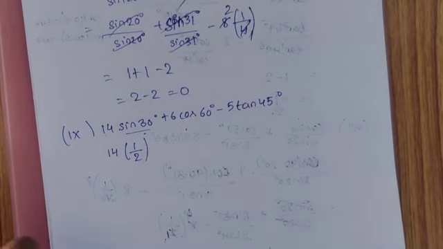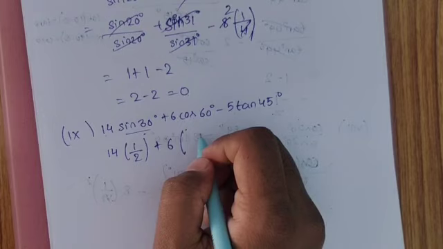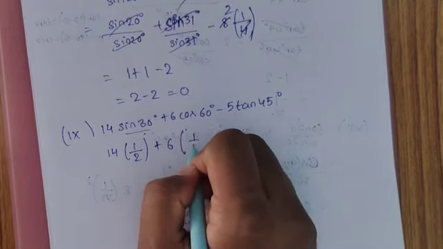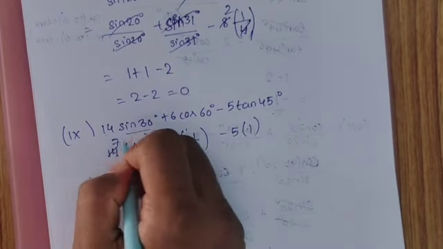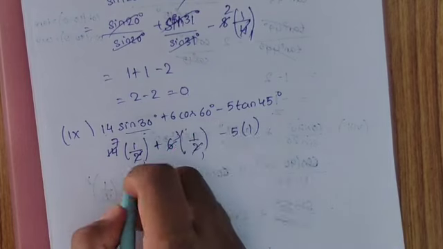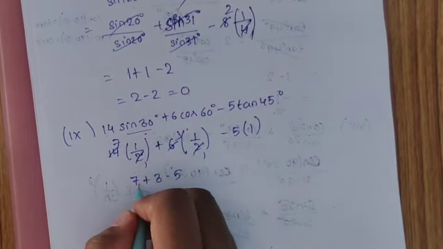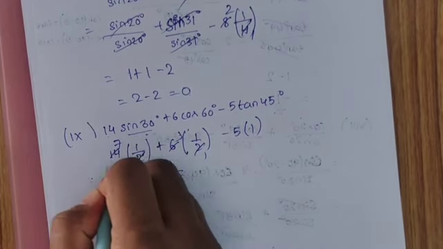Now plus 6 into, what is the value of cos 60 degree? So cos 60 is also 1 by 2, minus tan 45 means 1. So here 2 ones are 2, 7 twos are 14. Here 2 ones are 2, 3 twos are 6. So 7 plus 3 minus 5. So what may be the result? 7 plus 3 is 10, 10 minus 5 is equal to 5. So 5 is your result.